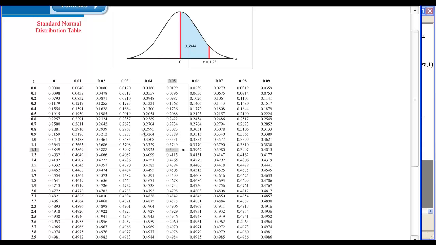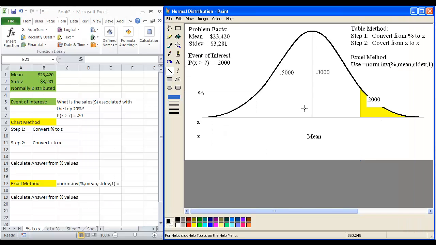Reading the outside now, my z-score is 0.84. So the z-score associated with the 30% in this section is 0.84.